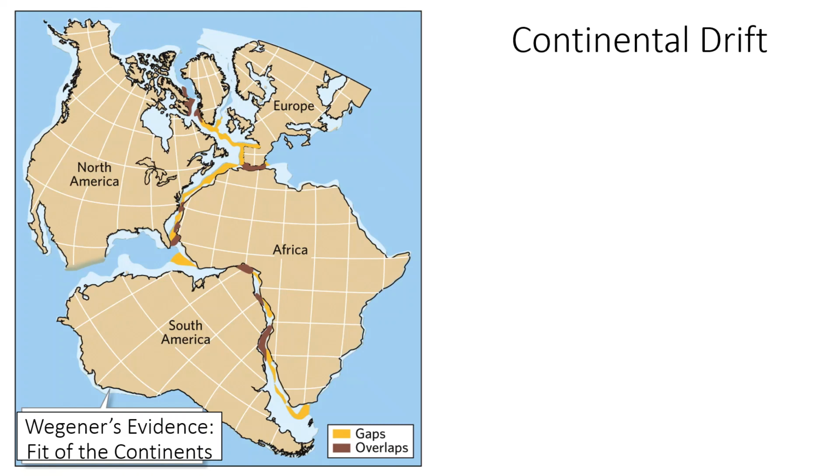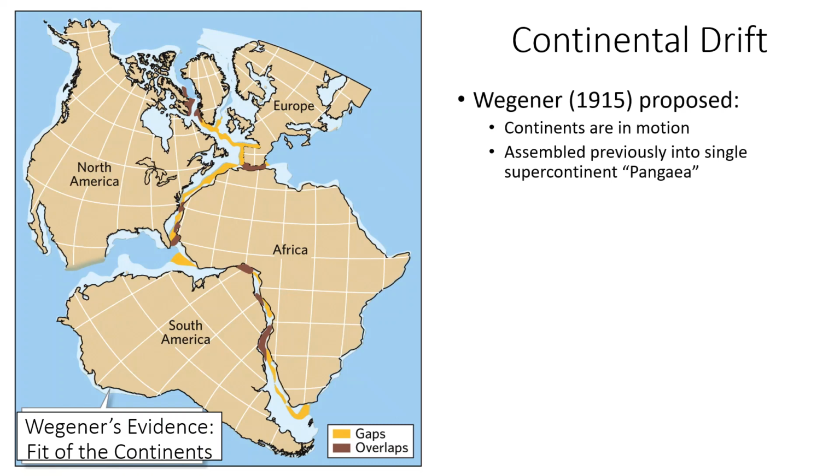First off, we want to discuss something called continental drift. This was a hypothesis proposed by German meteorologist and explorer Alfred Wegener in 1915, and he proposed that the continents are in motion and were once assembled into a single supercontinent that he called Pangaea.